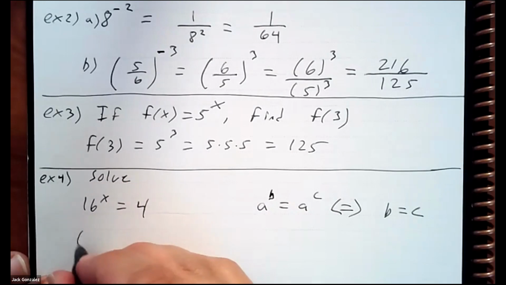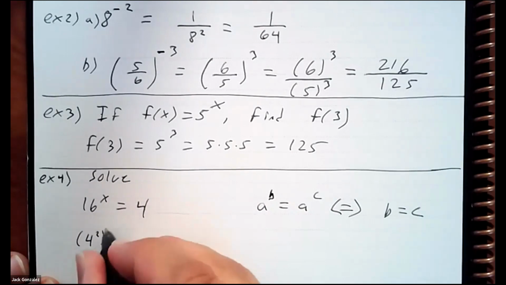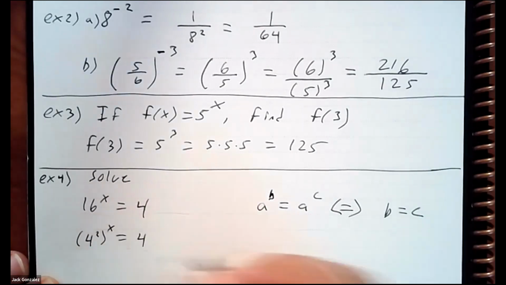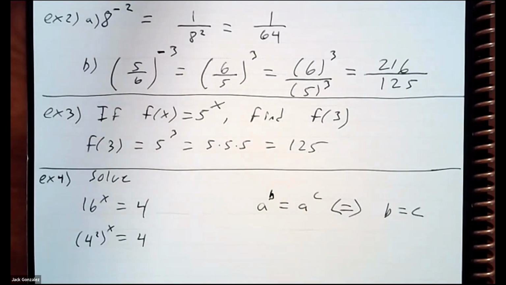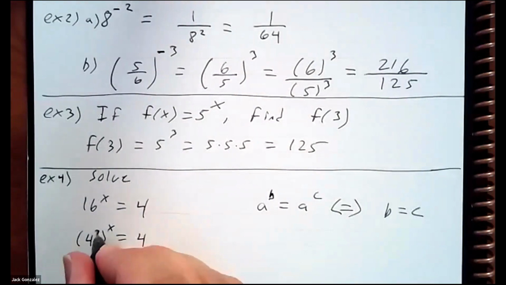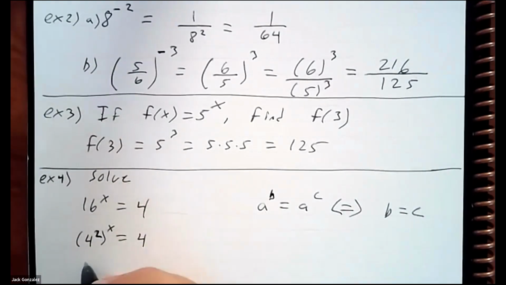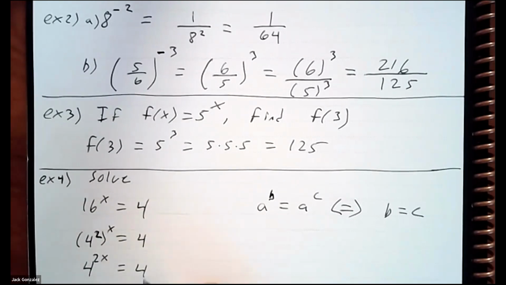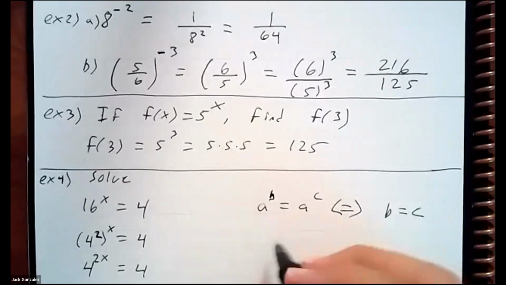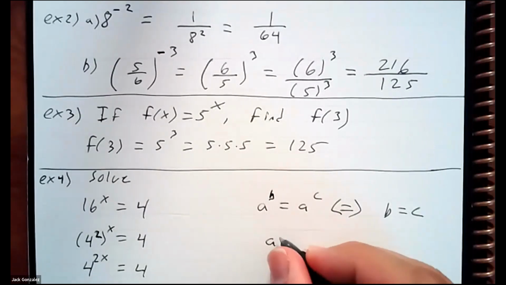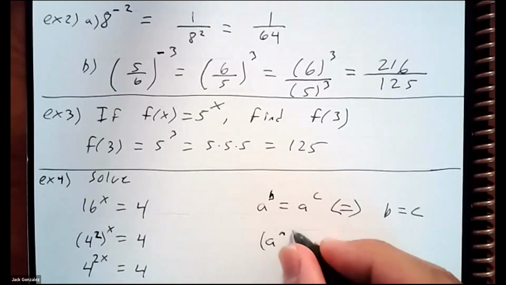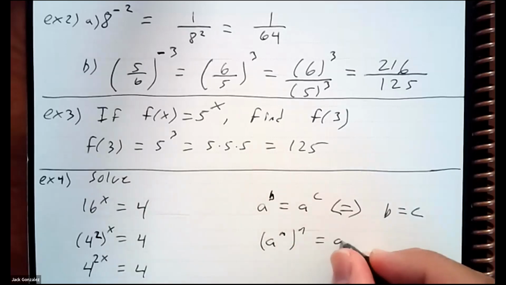Do you agree that this is a 4 squared? You can change the 16 to 4 squared. If it has a power on it, do you agree that that's going to be 2 times x? We said if you have a power raised to another power, then you multiply.